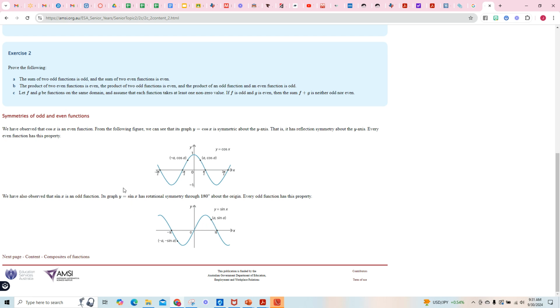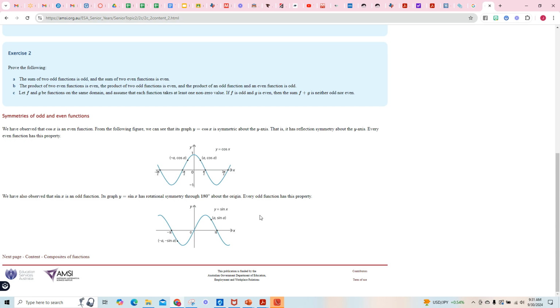Odd function, like a sine wave, you don't really fold it across the x, but you rotate it across the origin. Rotate it 180 degrees. So that's rotational symmetry through 180 degrees. If you took this piece and rotated it 180 degrees, it would line up with this second piece.